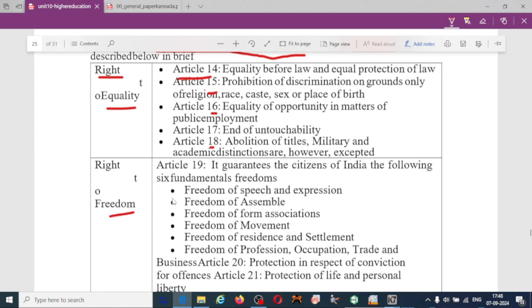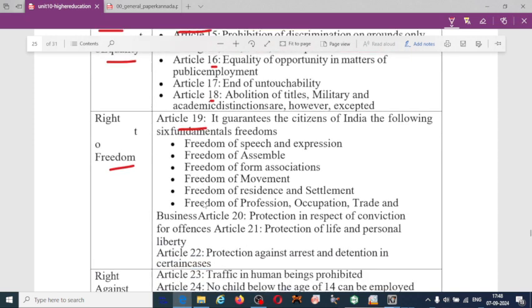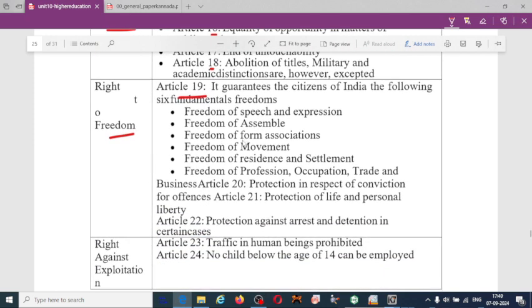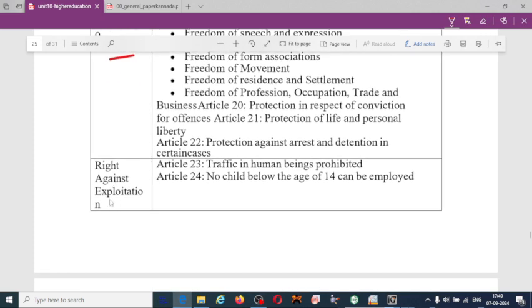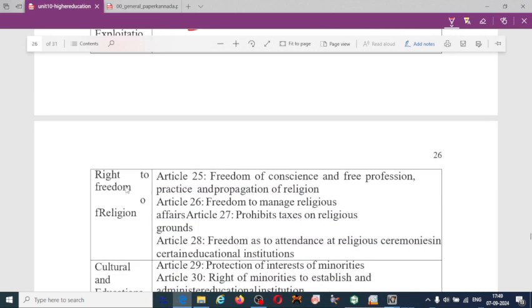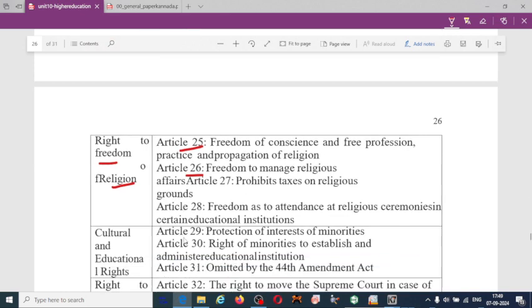Right to freedom, Article 19. You have the freedom of speech, assembly, movement, forming associations, etc. Right against exploitation, Articles 23 and 24. Right to freedom of religion, Articles 25 and 26 are related, and also 27, 28.